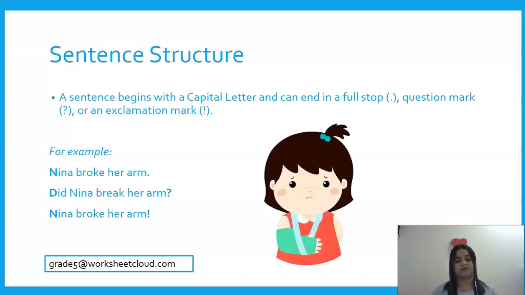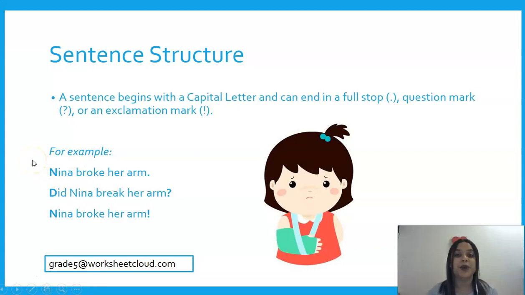So we're going to go on now and look at Nina. Nina broke her arm and she's feeling very, very sad about it at this moment. So we're going to use her situation to work out sentence structure and how it applies to Nina's scenario. So, Nina broke her arm. That is a statement. I'm stating something, okay? But I'm starting with Nina.